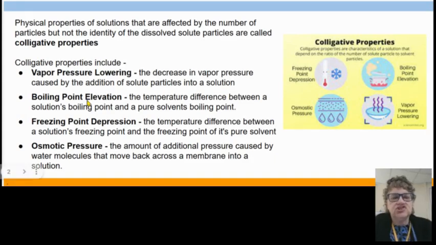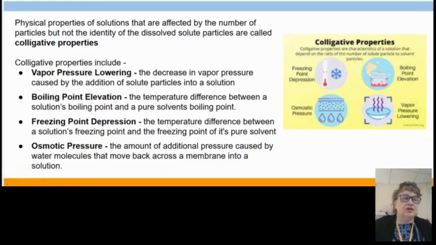Boiling point elevation: the temperature difference between a solution's boiling point and a pure solvent's boiling point. So this would be similar to the salt on the roads. If you put salt on the road, that salt is going to increase the boiling point of the water.